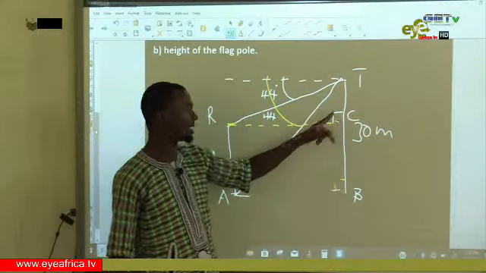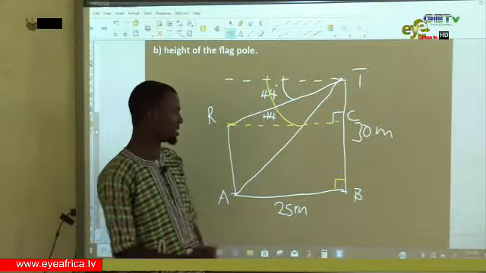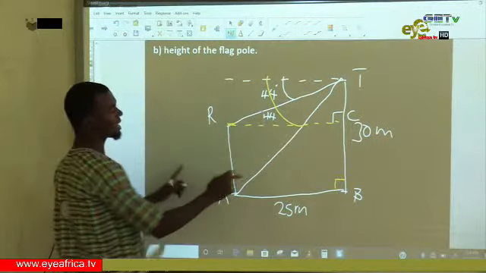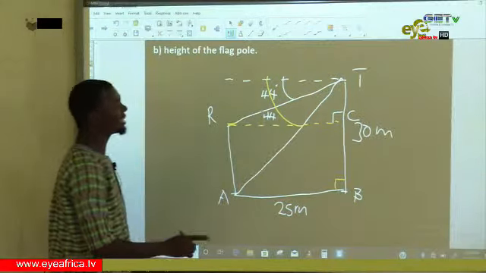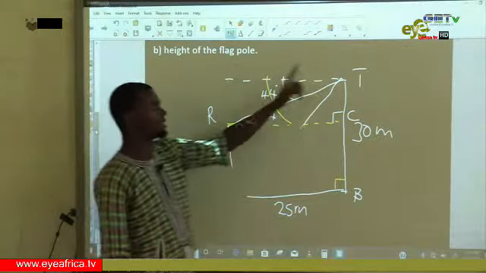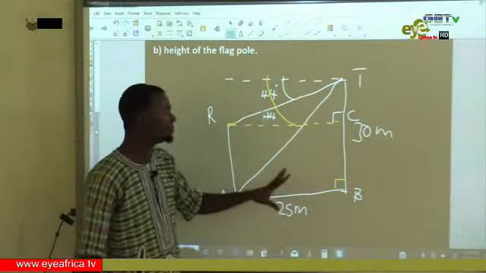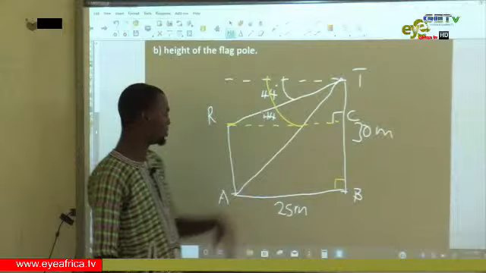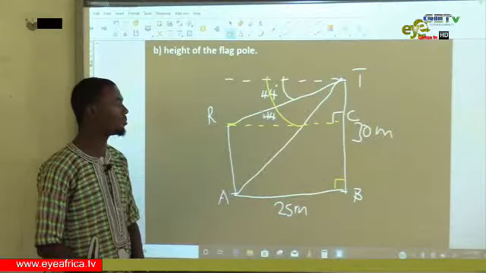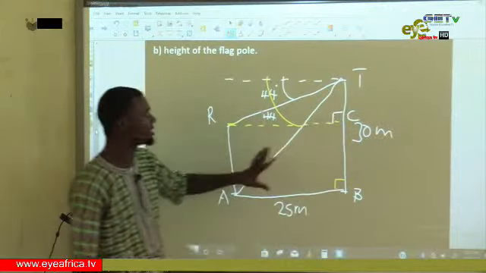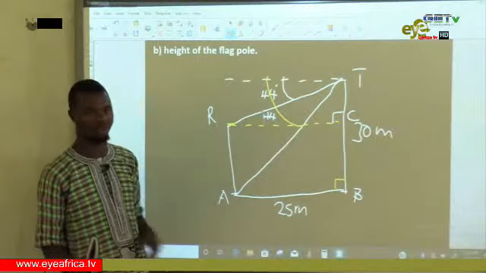The point where the two lines intersect is labeled C. That is a right angle triangle. And we have another right angle triangle ATB. TB is the height of the building from the base to the window, and RA is the height of the flagpole. BC is equal to the height of the flagpole.